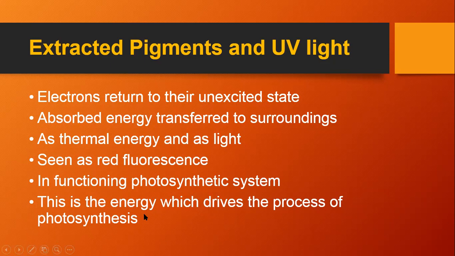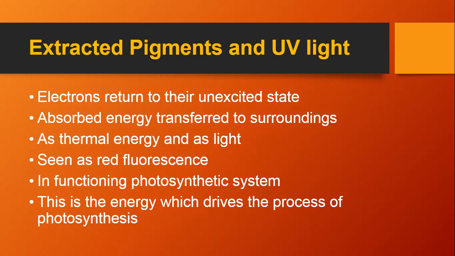And remember, we discussed this point at the start of cyclic photophosphorylation, that when electrons get excited and are emitted from the chlorophyll molecule, one option is that they return to the same photosystem, and in that case the energy which the electrons have absorbed is going to be lost either as thermal energy or as light energy, remember.